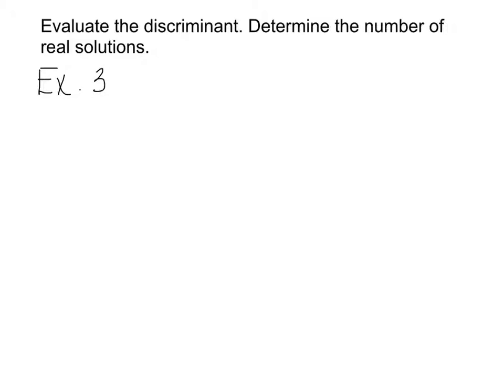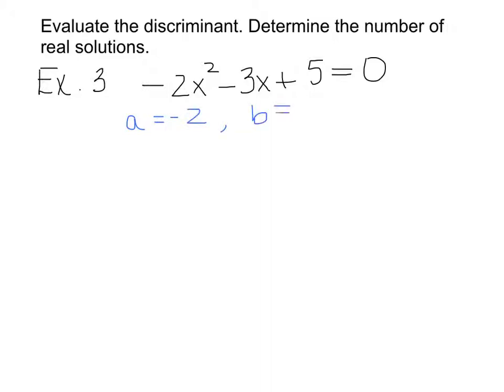And remember, the discriminant is just the part under the square root. So I have negative 2x squared minus 3x plus 5 equals 0. Alright, so A is negative 2, B is negative 3, and C is 5. So applying my formula, it's B squared minus 4AC.